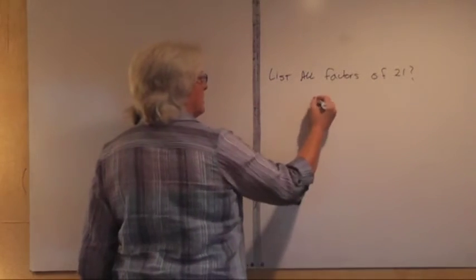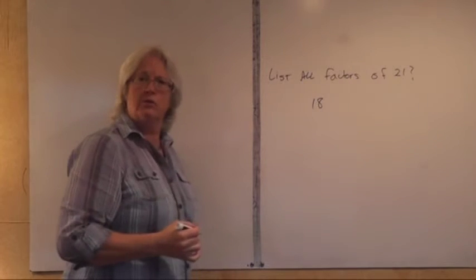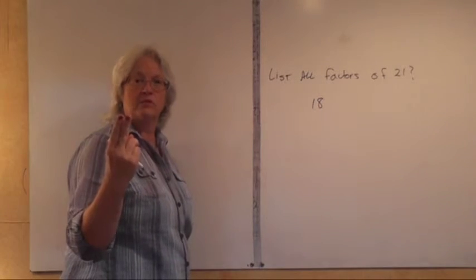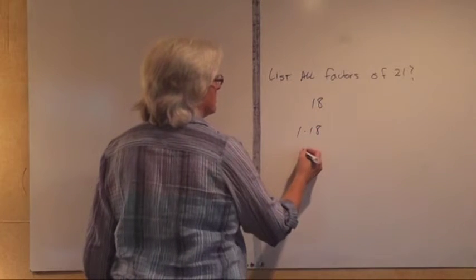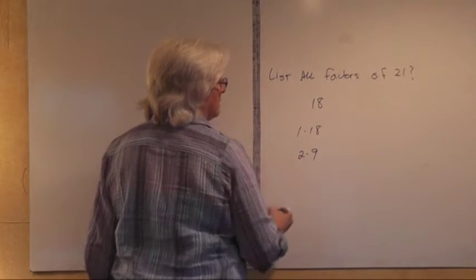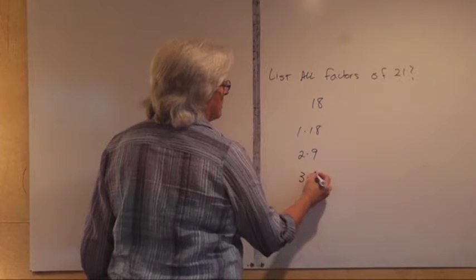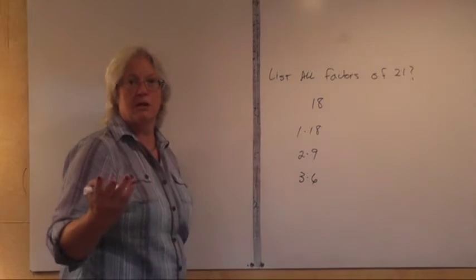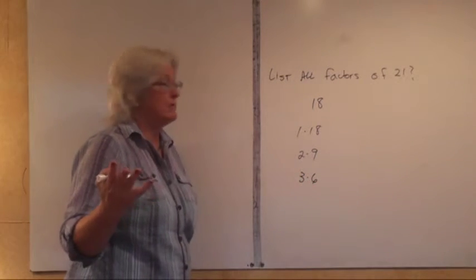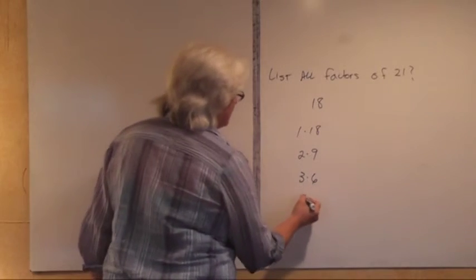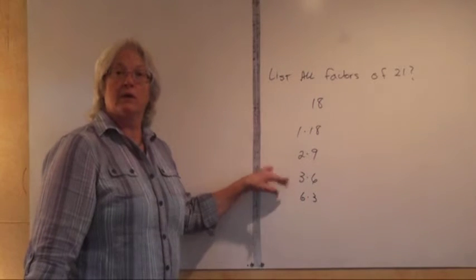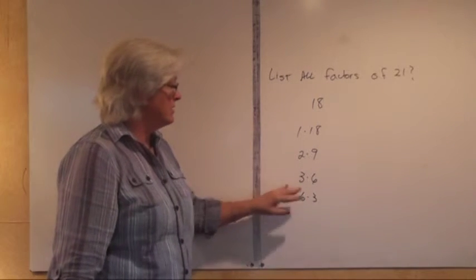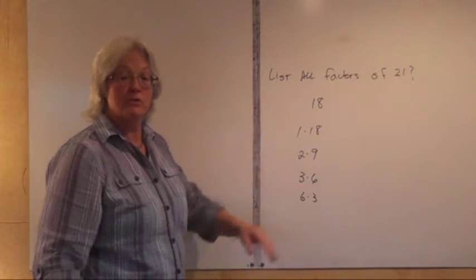Well, how can you form 18 by multiplying 2 numbers together? 1 times 18, 2 times 9, 3 times 6, and then 6 times 3. These are the same, aren't they? We're using the same factors here, so we don't need to repeat those.